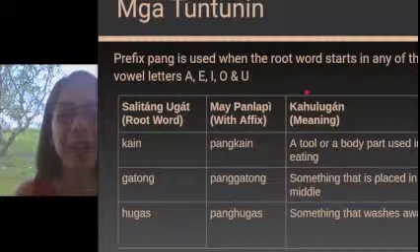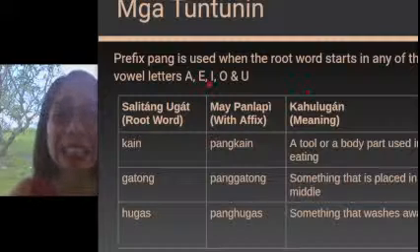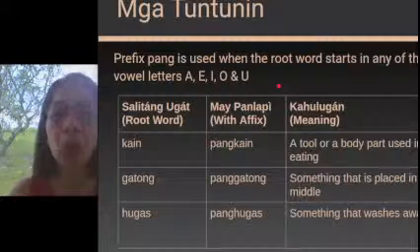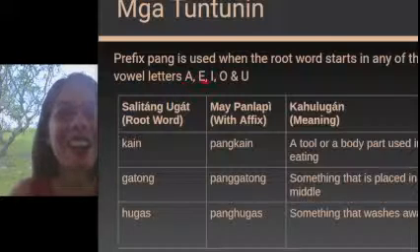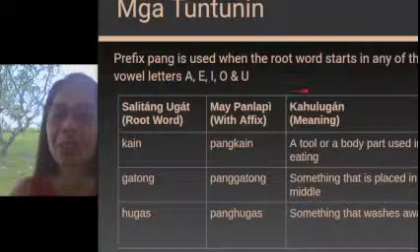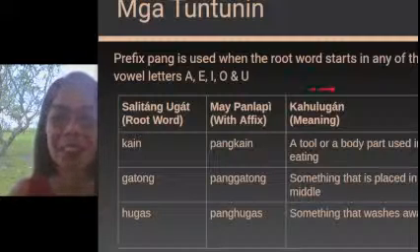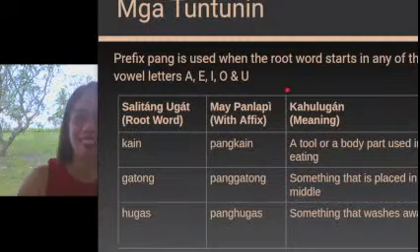A for A, E for E, I for I, O for O, and U for U. Or in Tagalog, say it again: A, E, I, O, U. Bruce, can you please say those sounds? A, E, I, O, U. Thank you so much. That's good.